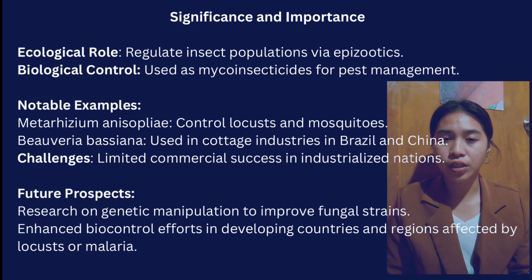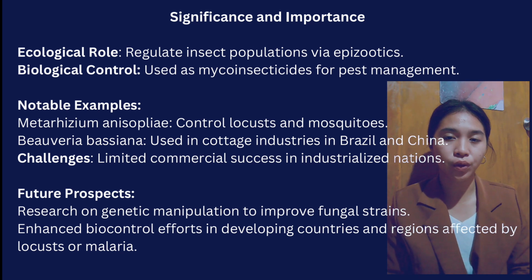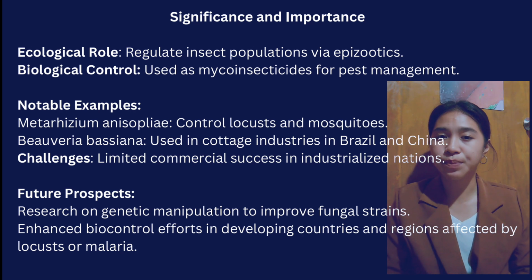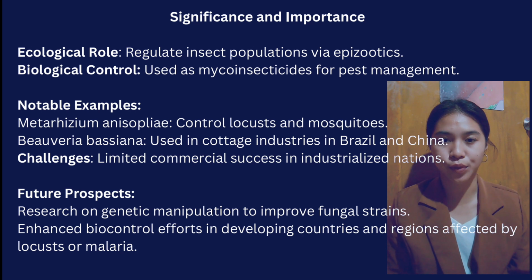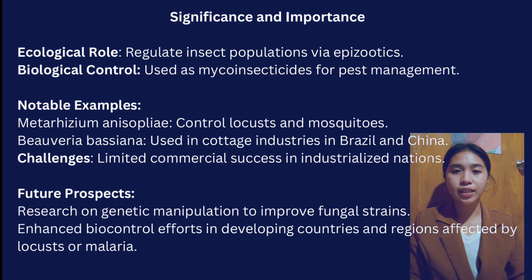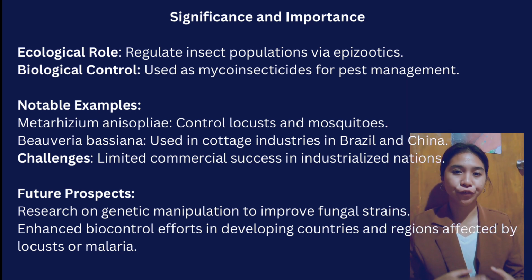However, there are challenges. Commercializing fungal biocontrol agents has been tricky due to inconsistent results in different environments and difficulties in mass production. So, looking ahead, genetic engineering could improve fungal strains, making them more effective for pest control.